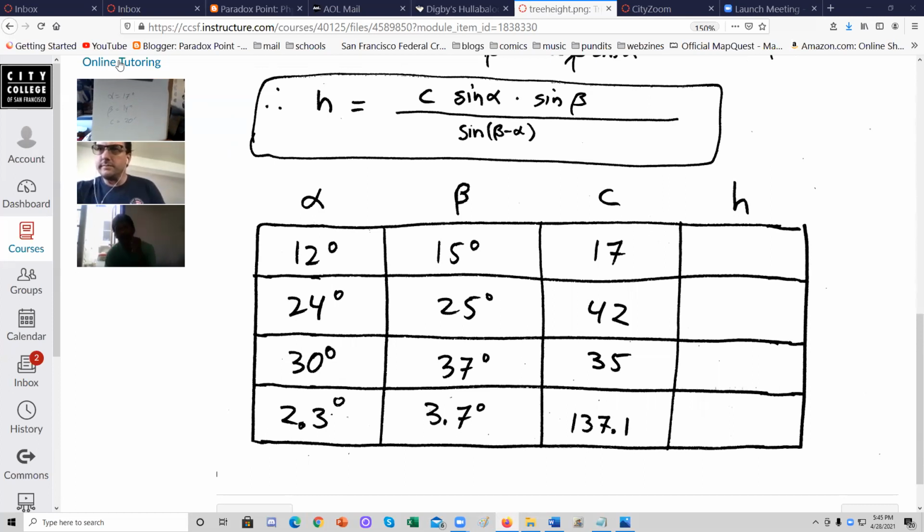All right, I'm plugging it in here. So h equals c, that's 20, times sine alpha, sine 17 degrees. Let's make sure I'm in degree mode. No, I'm not. There we go. Sine 17 times sine of beta, which is 14, divided by sine of the difference, sine of beta minus alpha.